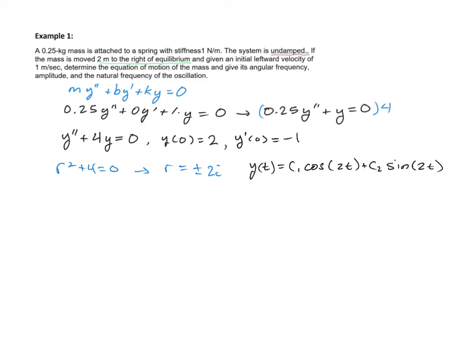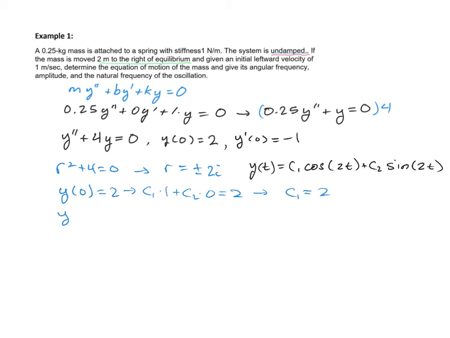And now we need to find the values of c1 and c2. So we first know that y of 0 is equal to 2. So that says that c1 cosine of 0, which is 1, plus c2 times the sine of 2 times 0, which is 0, is equal to 2. That gives us c1 equal to 2.